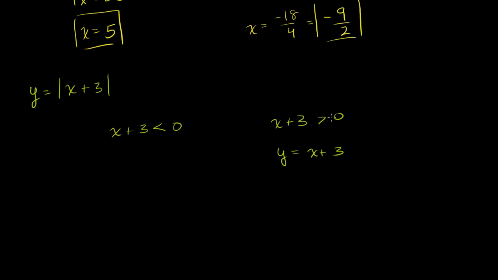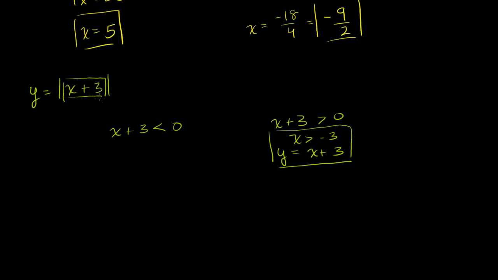Well, if you subtract 3 from both sides, you get x is greater than negative 3. So when x is greater than negative 3, this graph is going to look just like y is equal to x plus 3.